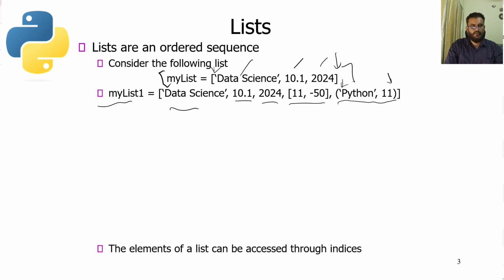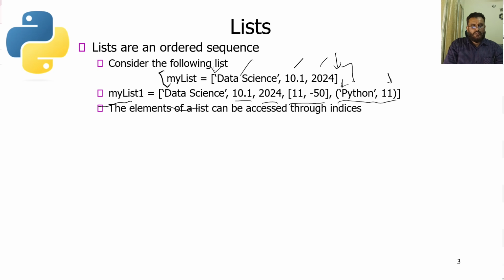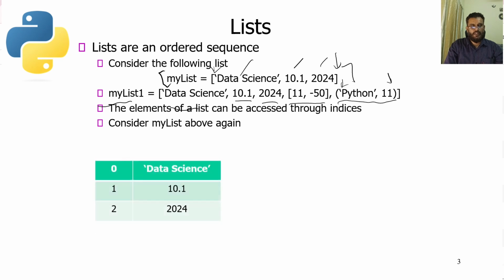So the elements of a list can be accessed through its indices, as we saw in the video on tuples. There are 2 kinds of indices. One of them is positive indexing, and the second one is negative indexing. For example, consider the case of my list, in which we had these 3 elements: data science, 10.1 and 2024.